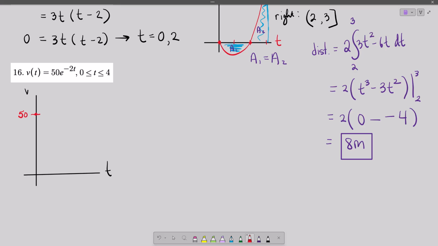What is the horizontal asymptote? Exponential functions will have horizontal asymptotes, whether they're exponentially increasing or exponentially decreasing, they'll have an asymptote. What is the horizontal asymptote? In Calc 1, you would have called it the limit at infinity.